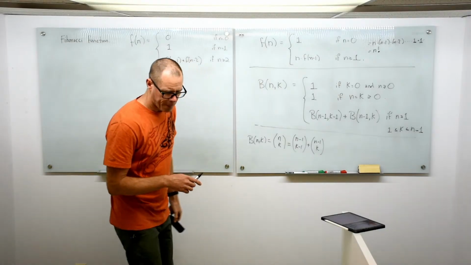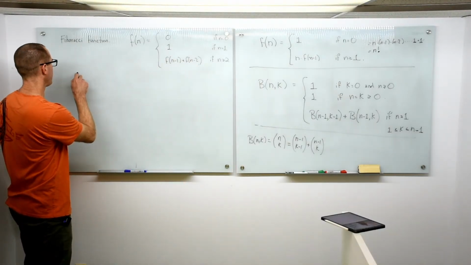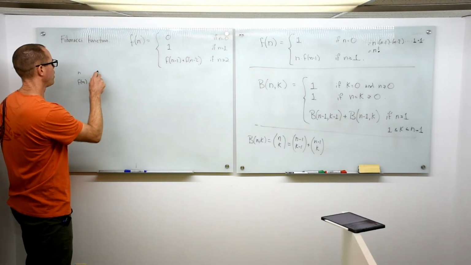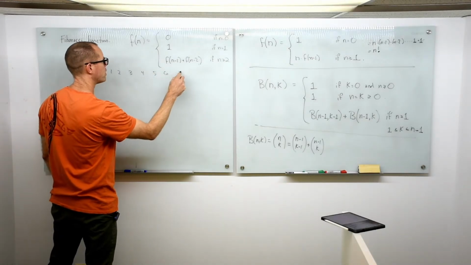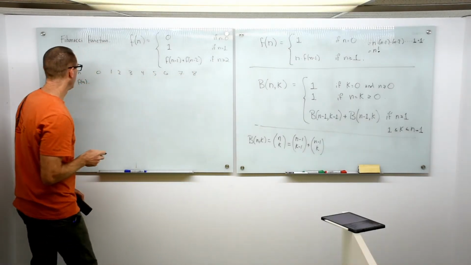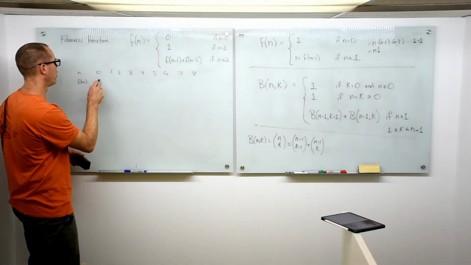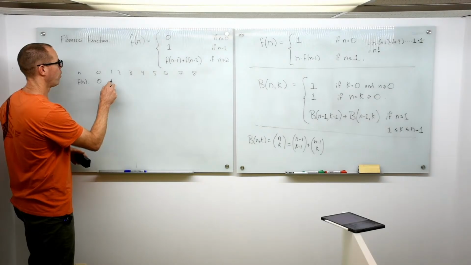All right. So let's do that little table. We have n, and we have f of n: 0, 1, 2, 3, 4, 5, 6, 7, 8. So when n equals 0, f of n is 0. When n equals 1, f of n equals 1.